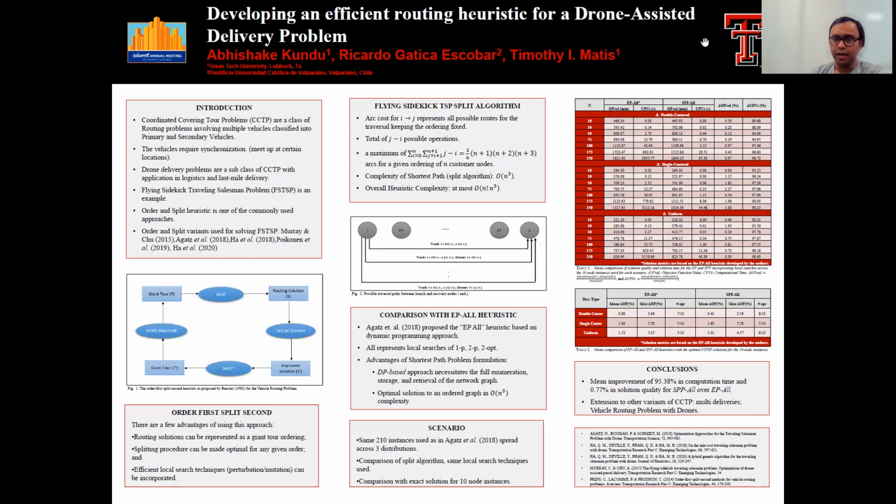On the contrary, the departure in solution quality is indicative of the compounding effect of missing a certain class of solutions. And this is why we see the improvement of 0.77% in quality.